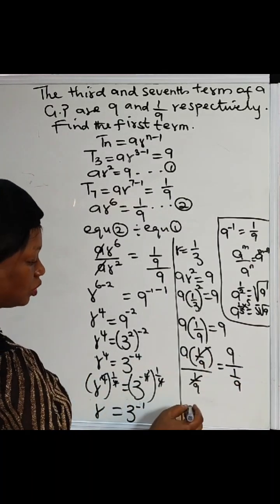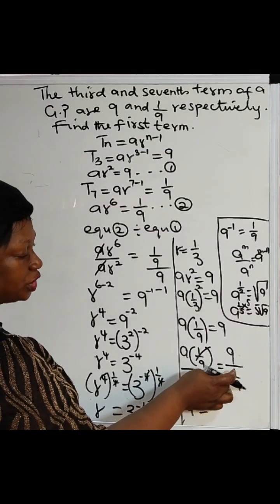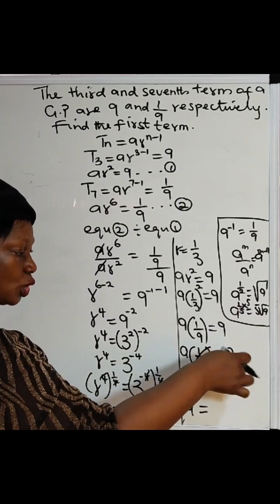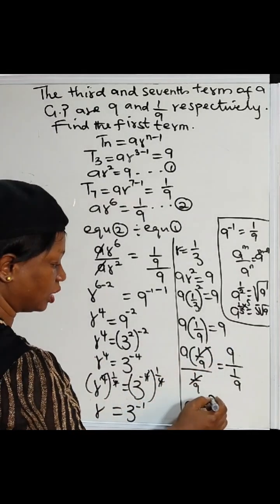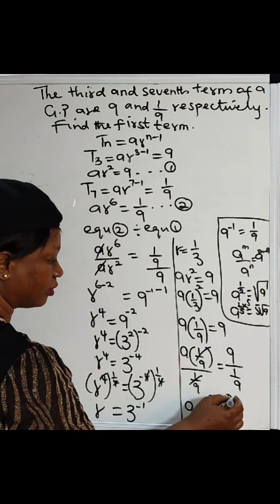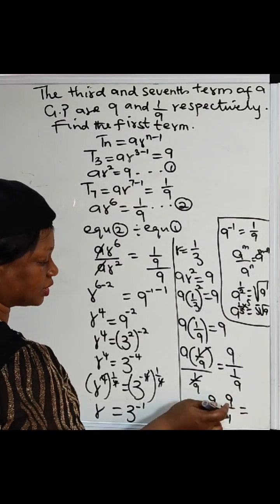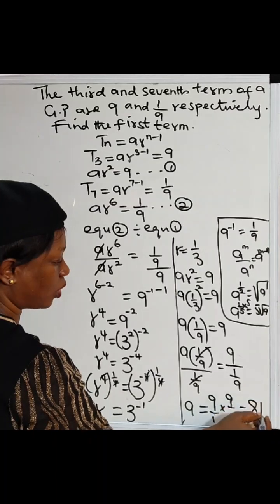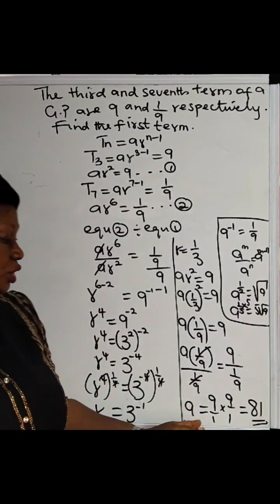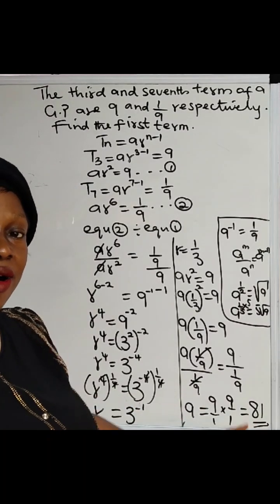We are going to change this to multiplication and this will turn upside down. This will be 9 over 1 times 9 over 1, which is equal to 9 times 9, which will give us 81. So our a, which is our first term, is equal to 81.